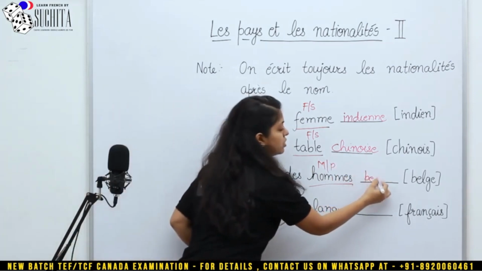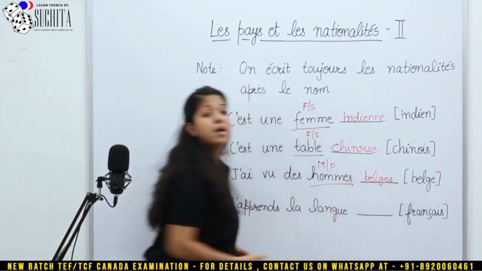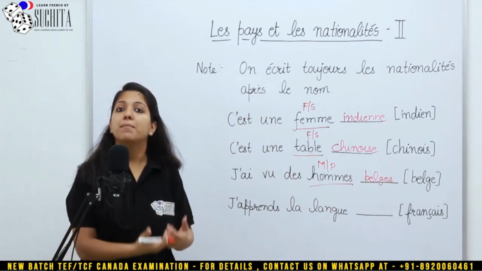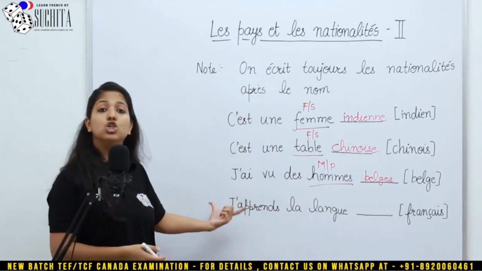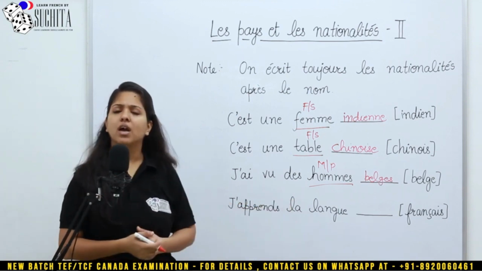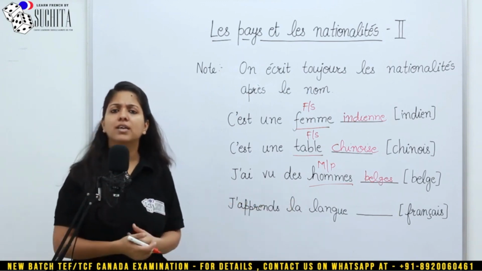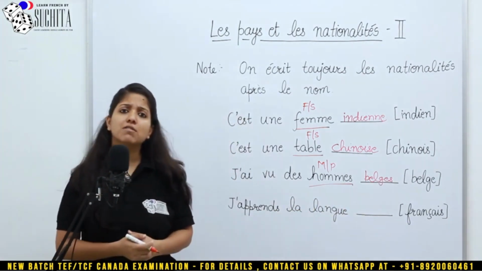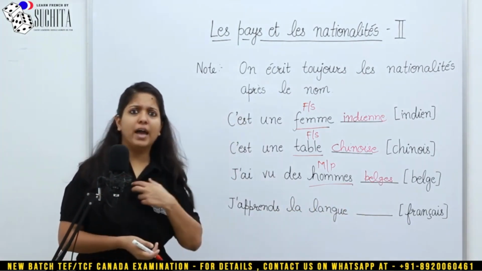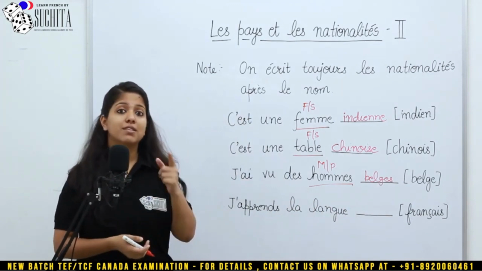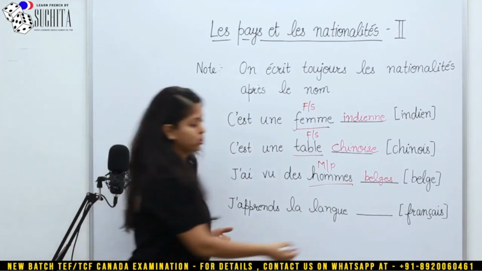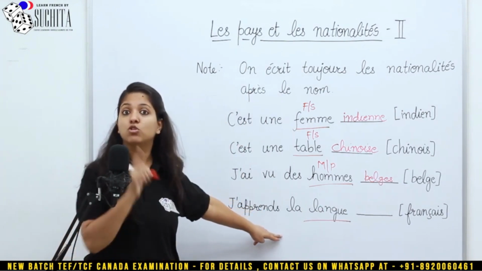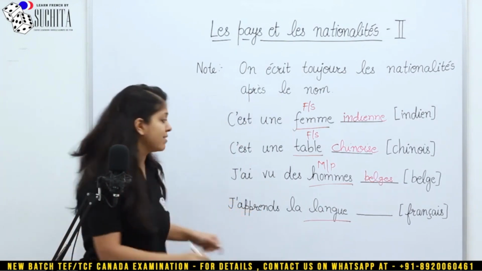Alors, belge avec S. J'ai vu des hommes belges. Next, j'apprends la langue. I'm learning or I learn the French language. So French is being used for the word language. And the word language is la langue. C'est toujours féminin et singulier.